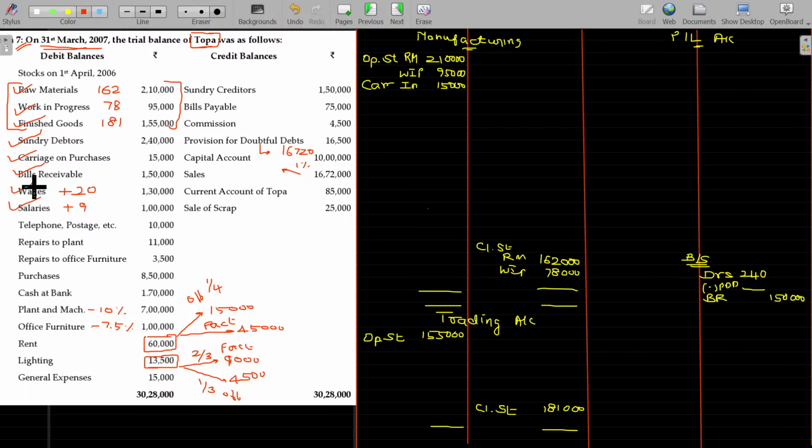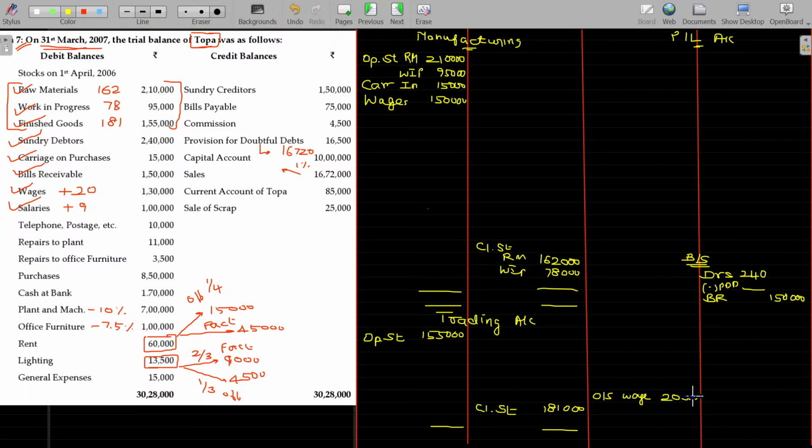Wages and salaries. Wages should be in the debit side of the manufacturing account. 1,30,000 plus 20,000, 1,50,000 will be posted in the debit side. The 20,000 being the outstanding is a liability. I will put that value in the liability side. So outstanding wages, the value being 20,000.